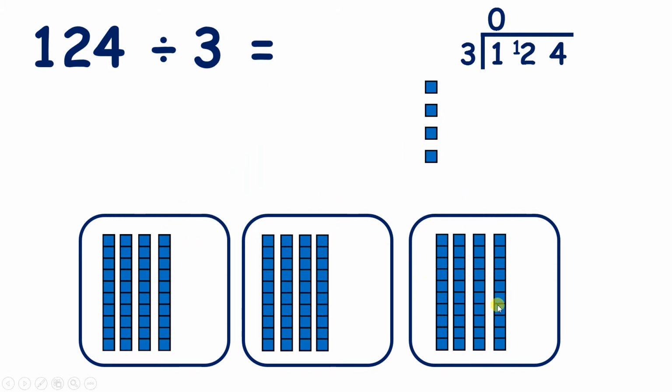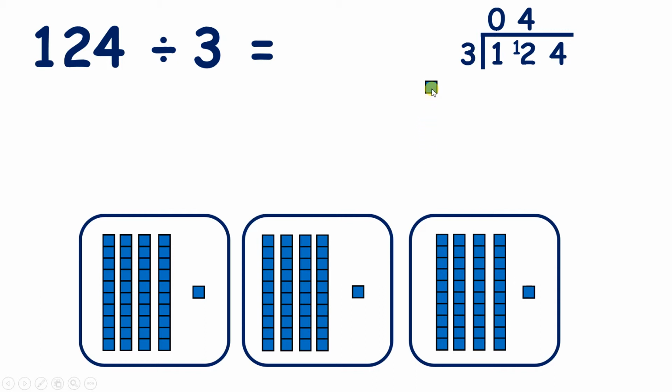And now we have 4 tens in each group. So what do we need to do next? We need to write 4 above our tens because we had 12 tens and divided by 3 to get 4 tens. And now we can divide our 4 units. So let's share out those units.